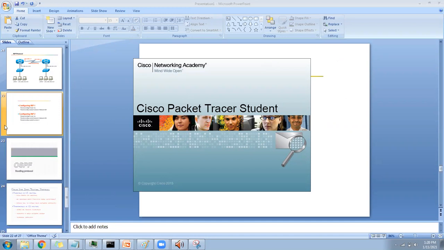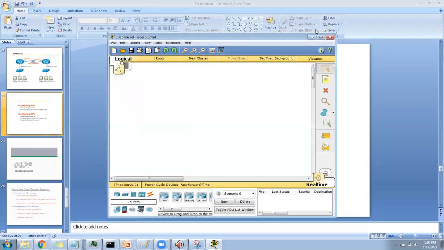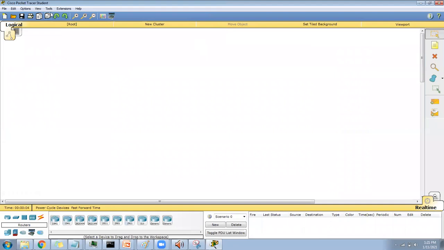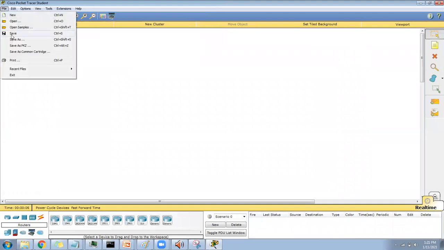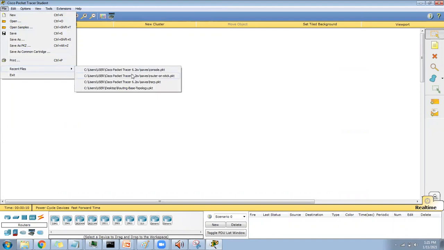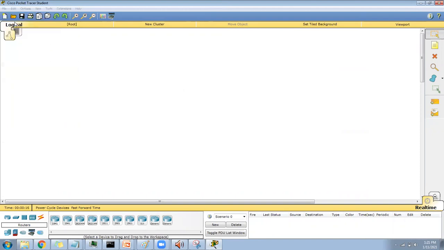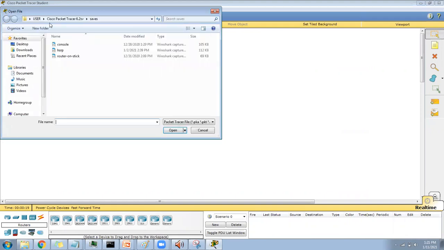Oh, here we go. If you see recent files, you can see the base topology or something like that. So let me open that. You can use that multiple times.